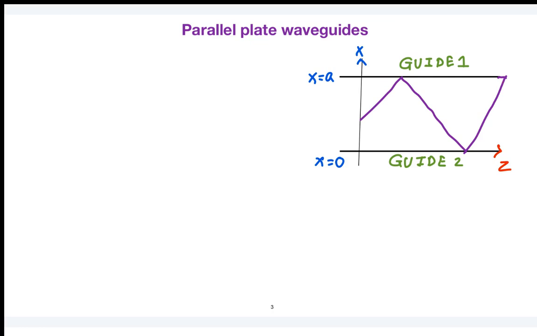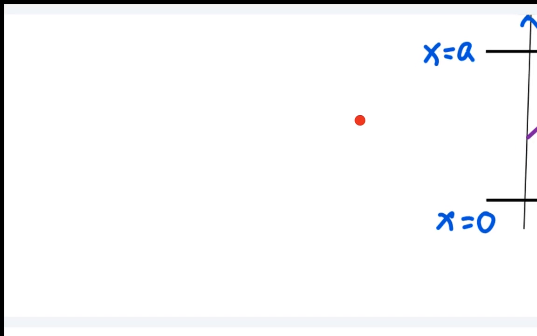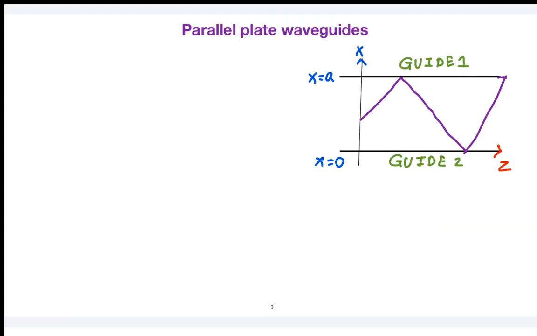So what will happen when I try to launch a wave? It is going to enter at a certain angle, based on the operating frequency. We will see what the wave angle is later. Once the wave hits here, since this is a conducting plane, whatever the angle at which it is incident, it is going to reflect back, because the conductor cannot allow any electric field to go out of it.